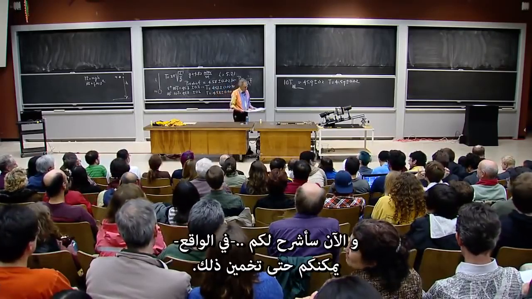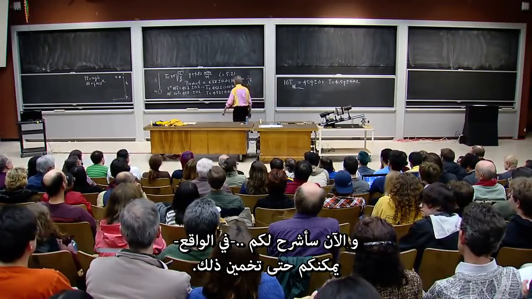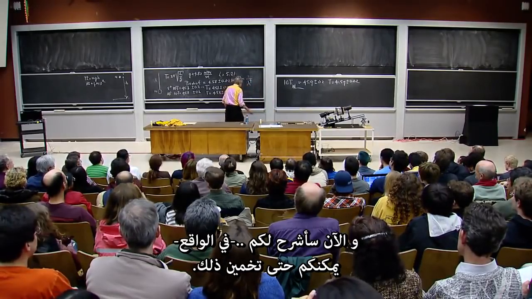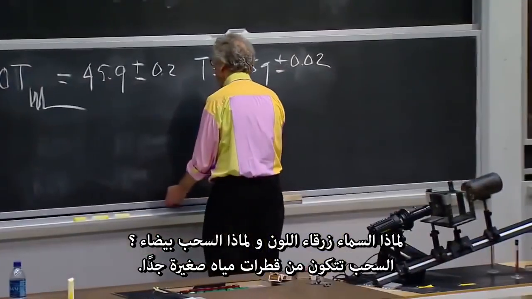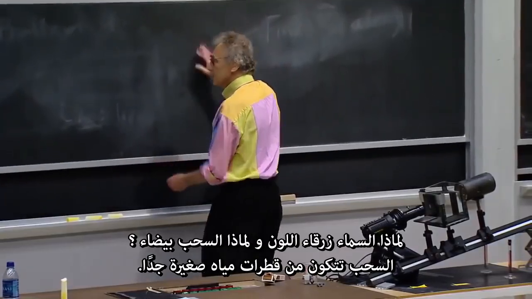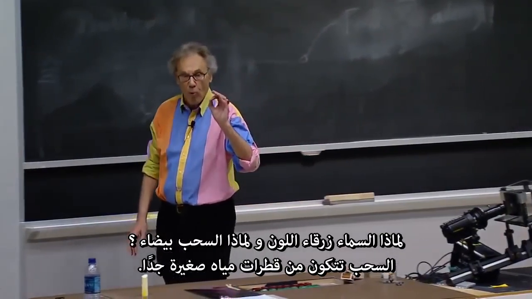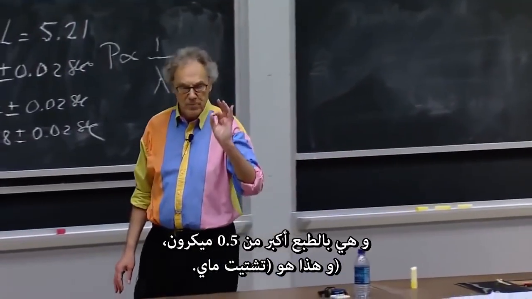I'm now going to explain to you, in fact, you could probably guess that, why the sky is blue and why clouds are white. Clouds consist of very small water drops, surely larger than half a micron, which is Mie scattering.